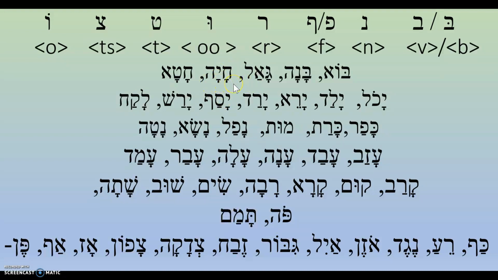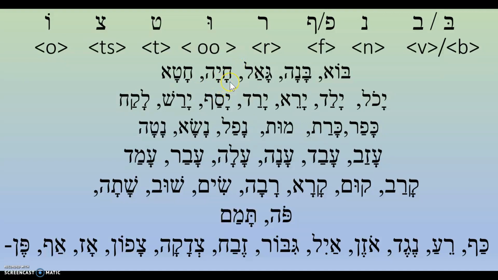Now this one seems familiar because the first letter kind of looks like the one word that we have seen before, where we have two heys, one hey in the beginning, then yod and hey again. Here we do not have a hey in the beginning, but we have a chet. This is why we're saying khaya.